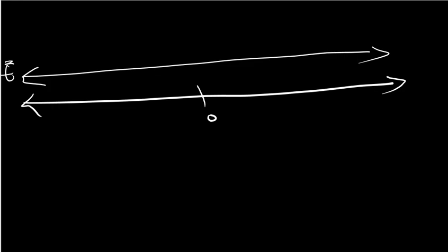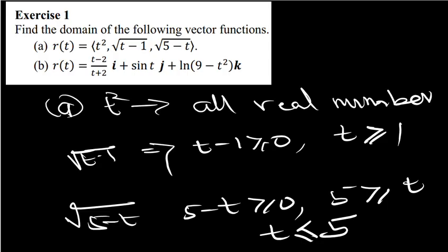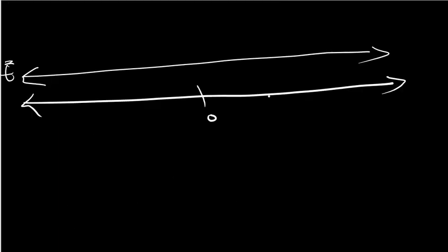Then the second function is the square root of t minus 1, which is defined on t greater or equal to 1. So if 1 is here, t greater or equal to 1 will point this direction.